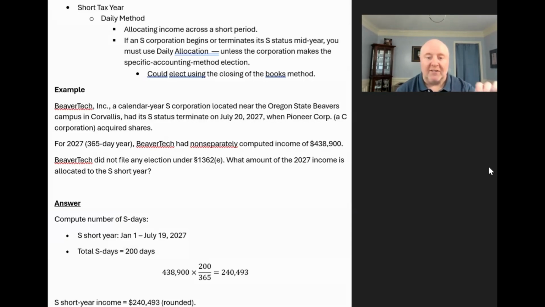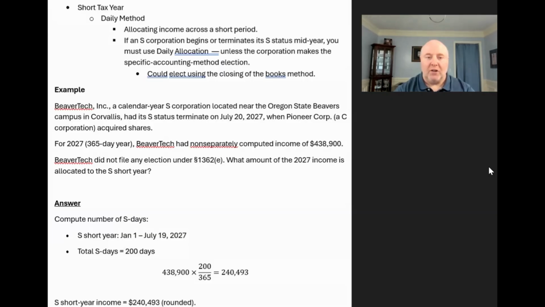So basically we were an S corporation from January 1st all the way until July 19th. Because on the 20th, that's when it terminated. That's now a C Corp.